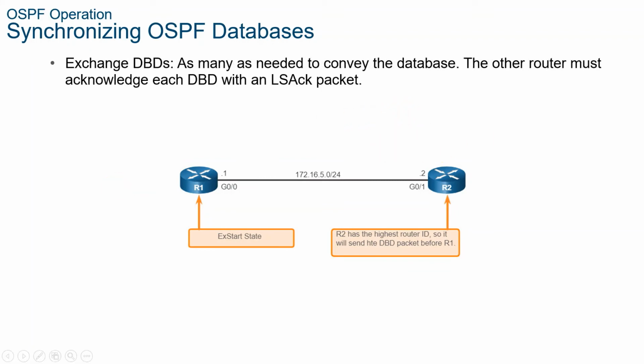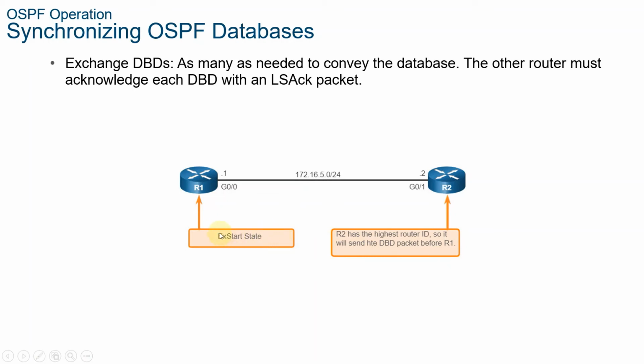Next, exchange of DBDs. Now in the exchange state, the two routers exchange one or more DBD packets. A DBD packet includes information about the LSA entry header that appears in the LSDB of the router. The entries can be about a link or about a network.